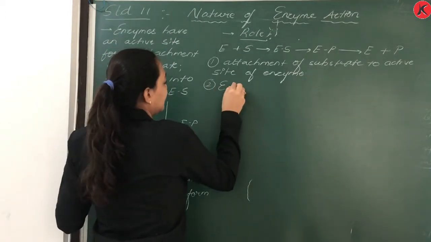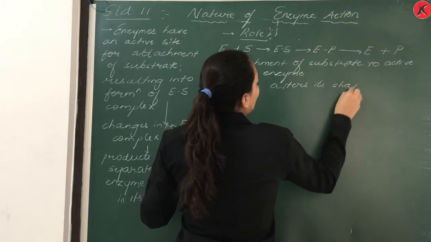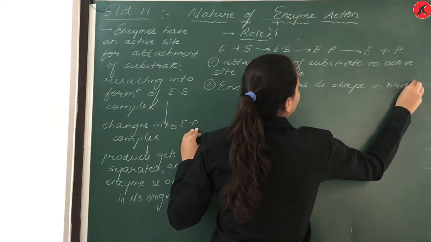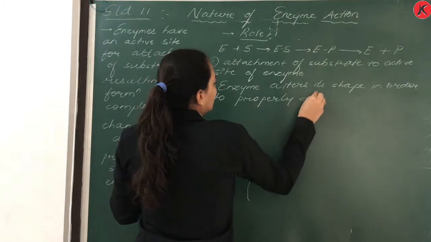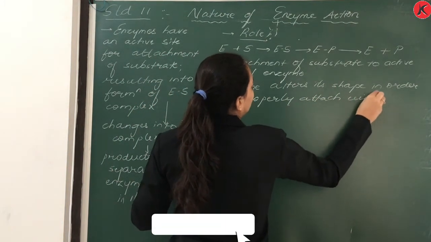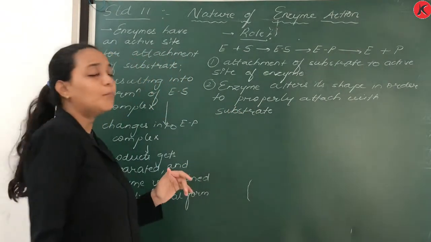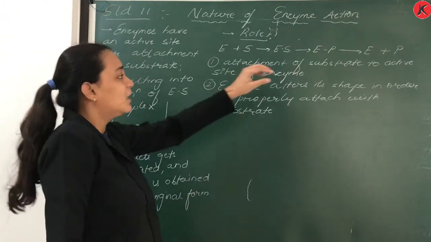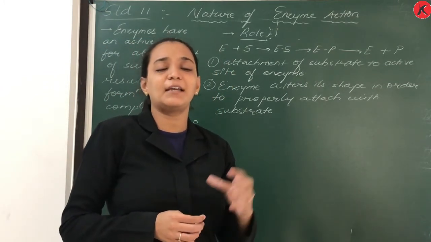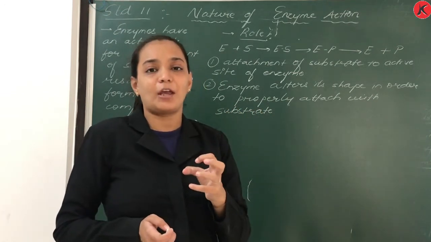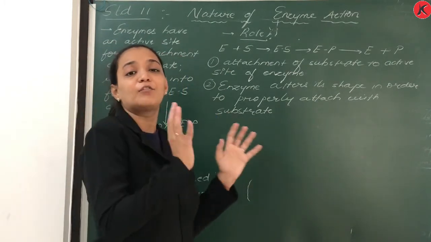So the enzyme alters its shape in order to properly attach with the substrate, or you can say make a more firm attachment. At first, when the substrate attaches to the active site of the enzyme, it is loosely attached. Later on, the enzyme will be altering its shape, altering its conformation, in such a way that the substrate can more properly attach with the enzyme.